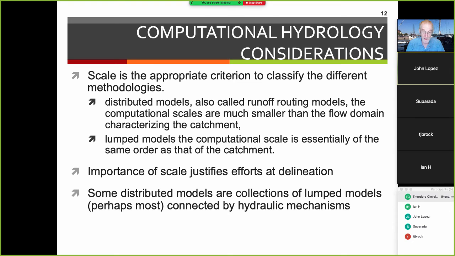Although they both can be cast in a distributed modeling context. So yeah, I think this distinction is somewhat artificial, but it is realistic.